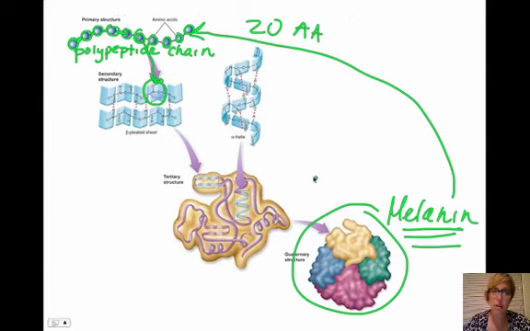And depending on the amino acids, it can create a beta-pleated sheet or an alpha helix. And all of these foldings and bondings fold up on each other to form a tertiary structure, which then combines with other tertiary structures to make our quaternary structure, melanin. But the point of this slide was to know that melanin's shape is totally dependent on the order of amino acids within this polypeptide chain.